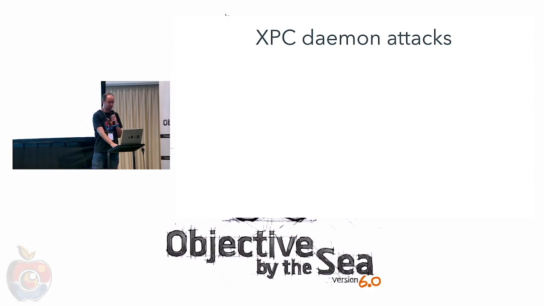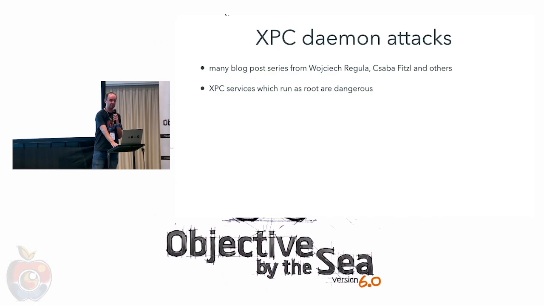So there is a bunch of third-party XPC daemon attacks. Both Wojciech and me documented it, like we exploited XPC left and right on third-party, and many other people as well. So it was very easy. I think a couple of years ago we lived the golden ages of XPC exploitation.